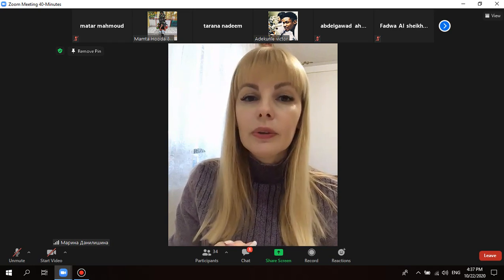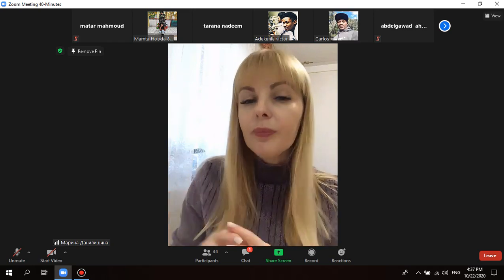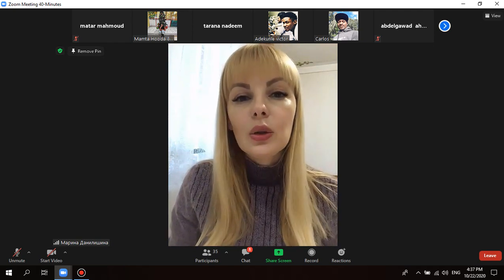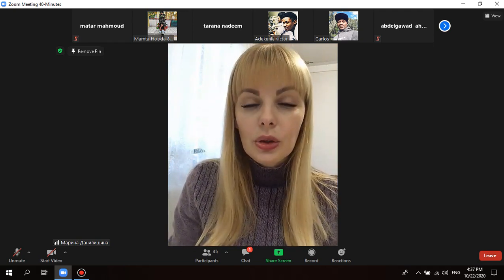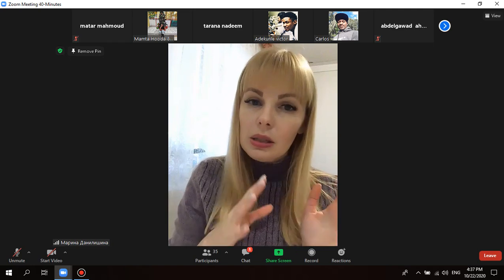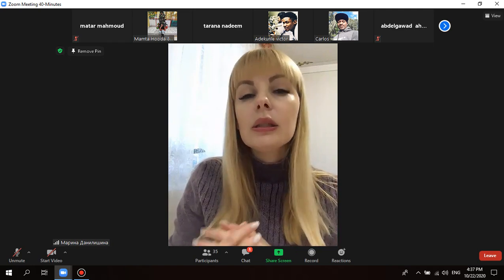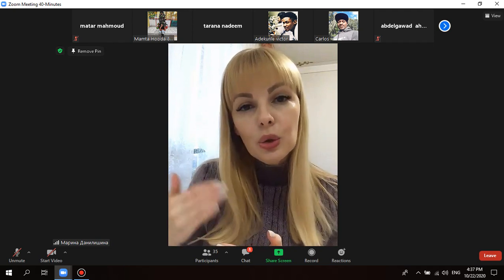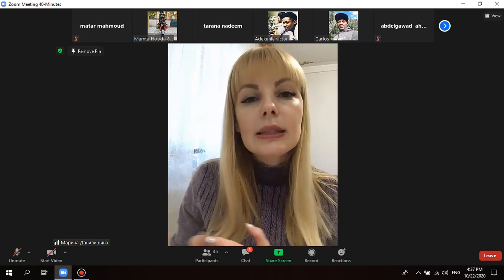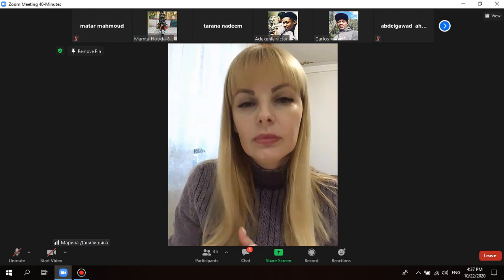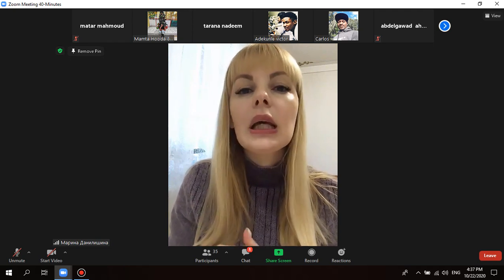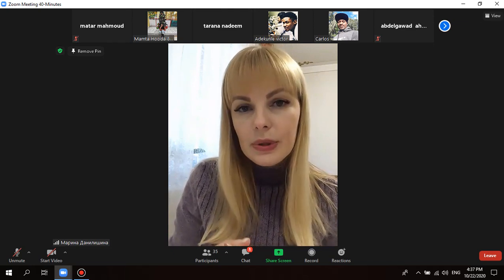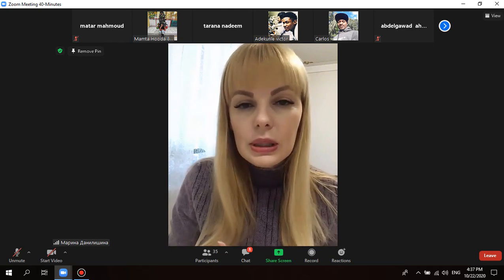Therefore, in your definition, you can see that dystrophy is the excessive accumulation of substances in the cell, extracellular matrix, organ or tissue, because of disturbed synthesis and enzymopathy. Enzymopathy means deficiency of enzymes, not enough enzymes which could destroy these substances.